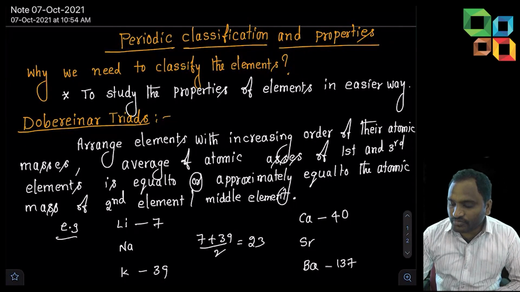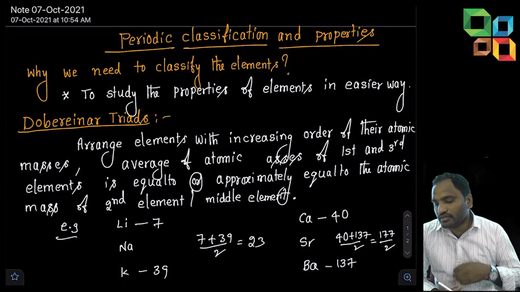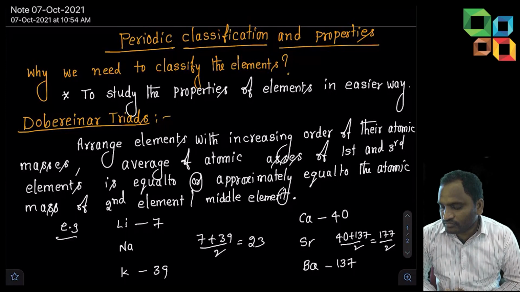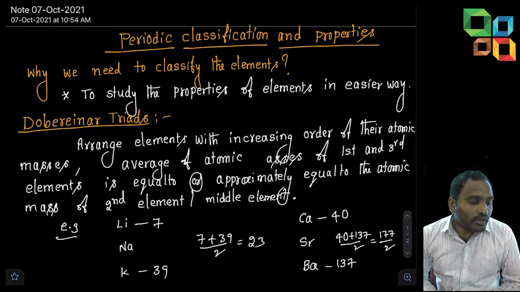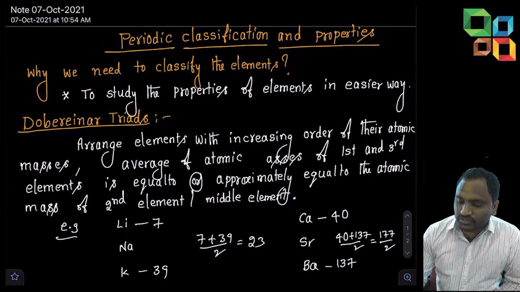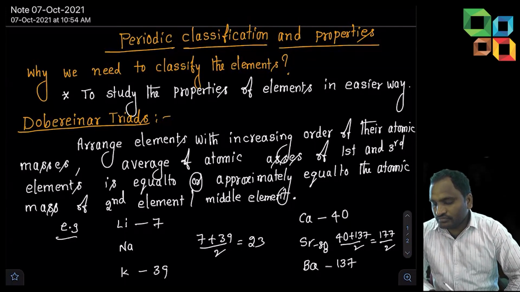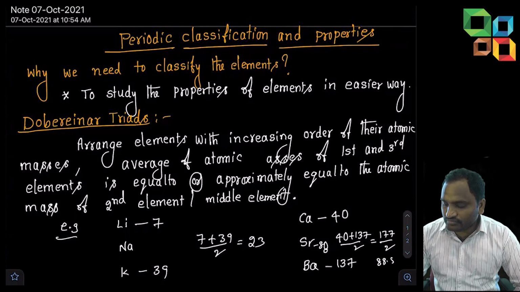So the average of these two, 40 plus 137, is 177, half of which is 88.5, which is approximately equal to the atomic mass of strontium, 88.